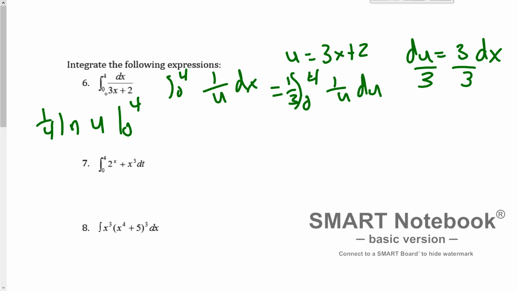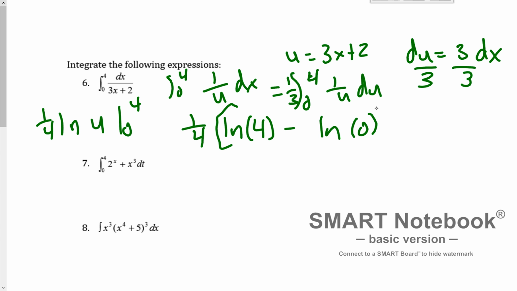So then we can go ahead and plug in 4, and we get whatever that is, minus plugging in 0, which doesn't work because I forgot to plug back in my u. My u is 3x plus 2.